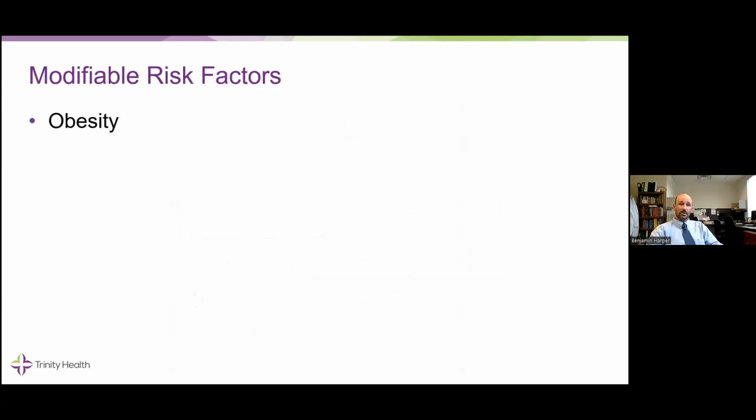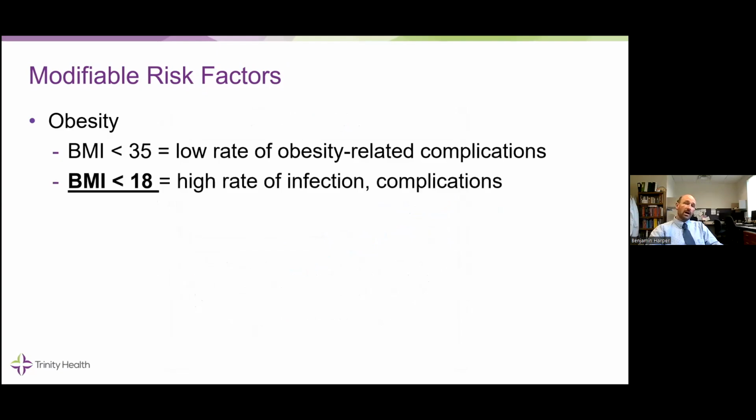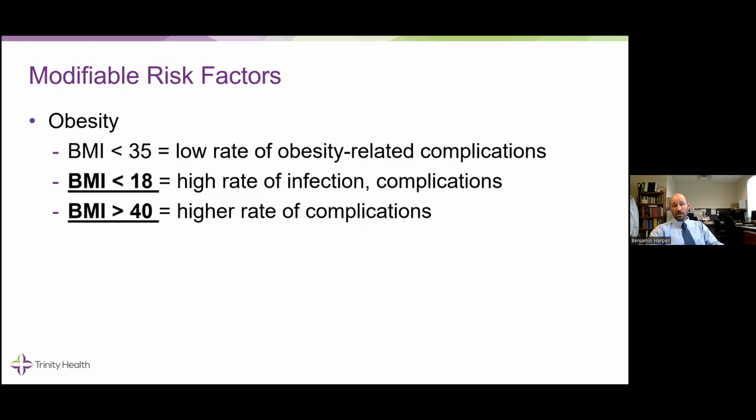Modifiable risk factors. So hard one first, obesity. A BMI between 18 and 35 is really the target. Below 18, some worry about malnutrition and higher rates of infection and complication. As you get certainly over 40, you start having higher rates of expected complications.